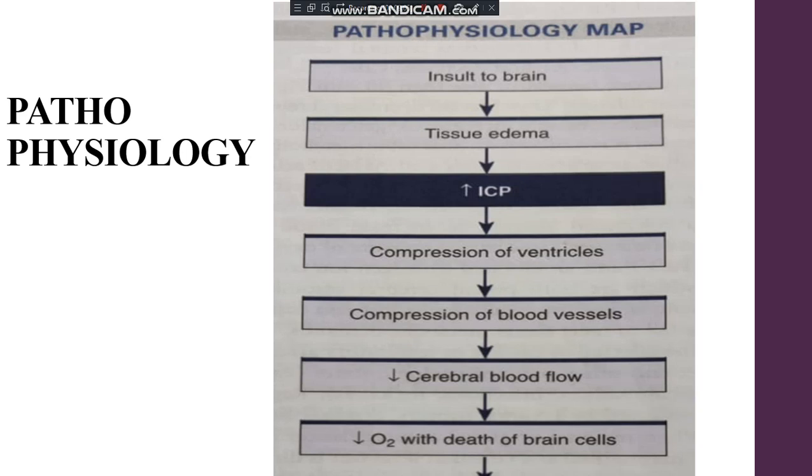The blood vessels and the ventricles are getting compressed because of this tissue edema, and thereby there is a decrease in the cerebral blood flow. Then what will happen? If the blood flow is reduced, definitely there will be decreased O2 with the death of brain cells. The oxygen availability will be reduced because oxygen is provided through the blood supply.